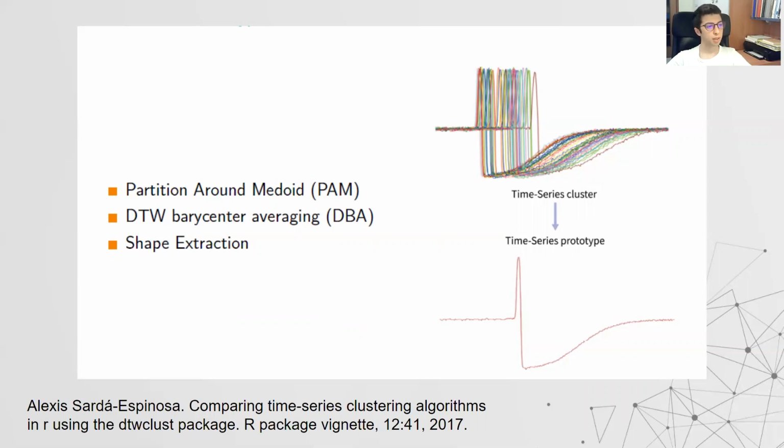Well, there are three methods. I reported three examples of different methods, so they are not the only ways to represent a prototype, but I chose exactly these to represent the different categories. So let's start with maybe the classical one, the PAM, the partition around the medoid.